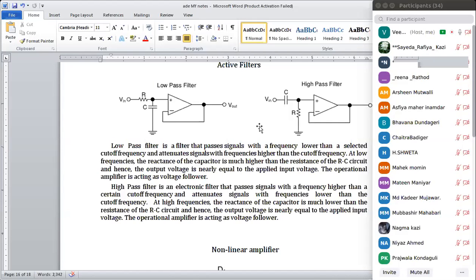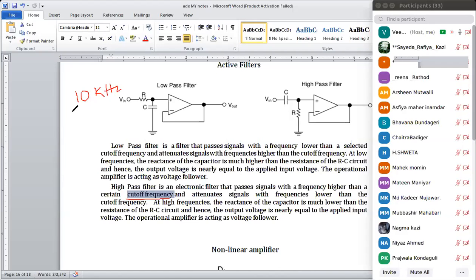Whereas a high pass filter passes higher frequencies and prevents lower frequencies than the cutoff frequency. So the cutoff frequency is a target. I can put any target, like 10 kilohertz or any range of frequency.